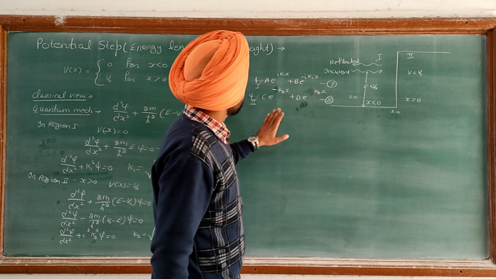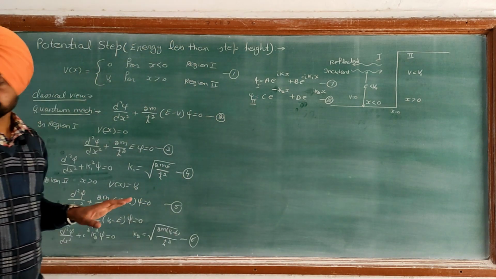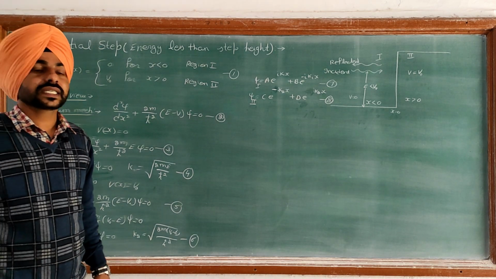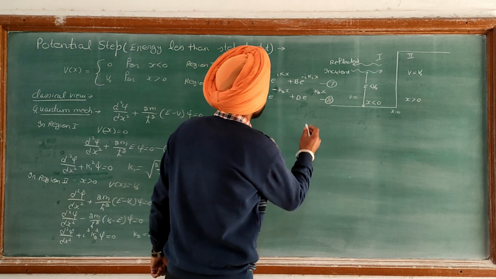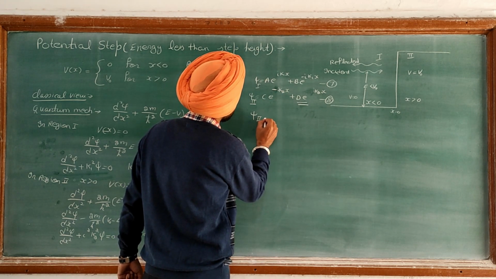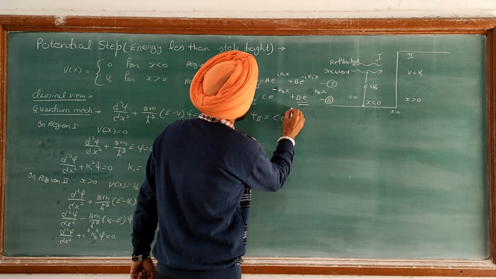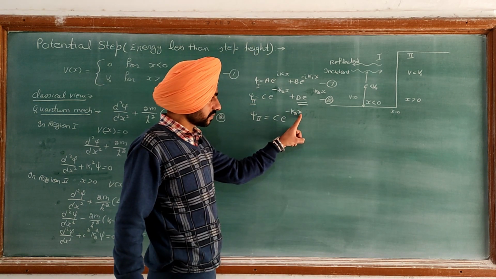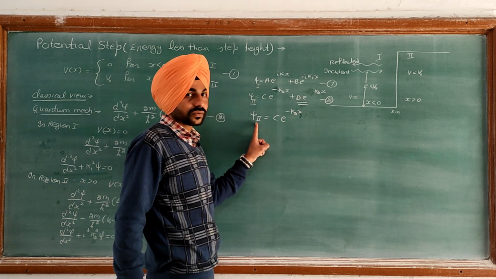So that means it violates the condition that the wave function should be finite everywhere. So we will omit this term, and finally we have psi 2 is equal to C exponential minus k2x, and if we substitute x equal to infinity in this expression, then psi 2 is 0.